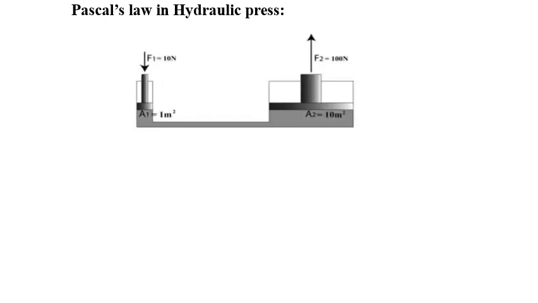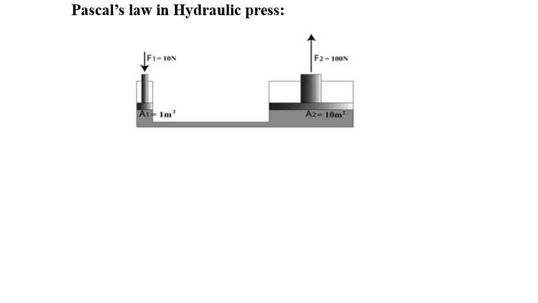Pascal's law in a hydraulic press. Here, two pistons are connected through a hose pipe. This hose pipe contains some hydraulic liquid. Here, F1 is the input force. Its quantity is 10 Newton, and this one is the input piston.